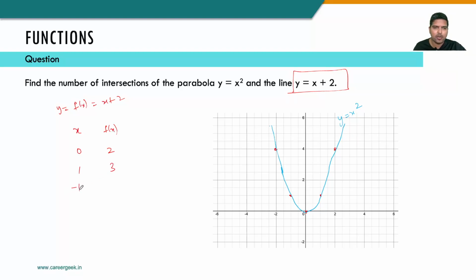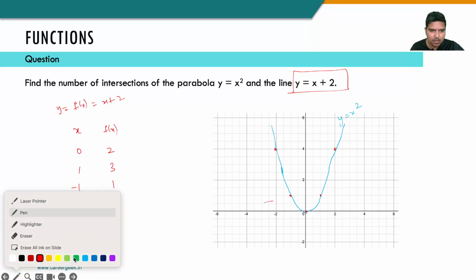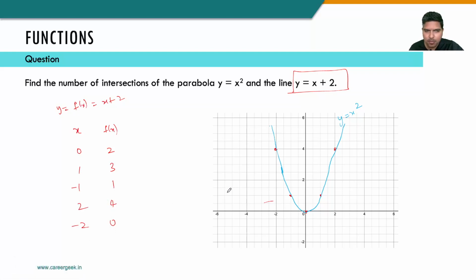When x is negative 1, I'm taking those same values, so negative 1 plus 2, f of x is 1. When x is 2, this is 4. And when x is negative 2, y is 0. So 0 comma 2. Let me use a different color. Yeah, when x is 0, y is 2. When x is 1, y is 3.